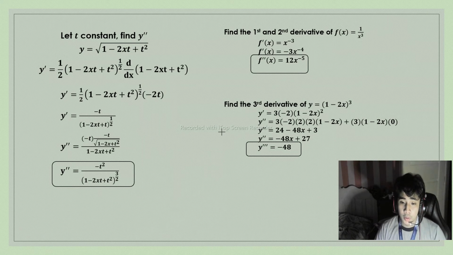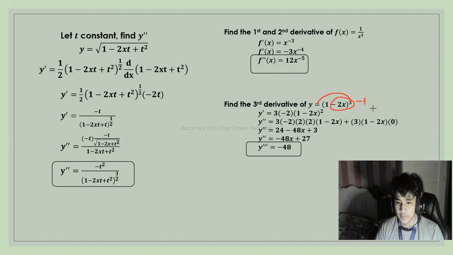Our next example, find the third derivative of this one. So, of this function. So, ano ulit natin? Chain rule. Copy natin, minus 1, copy, then the derivative of this body, which is yan, derivative.